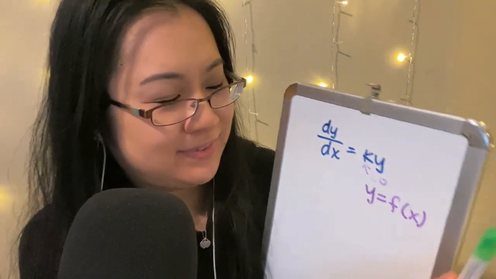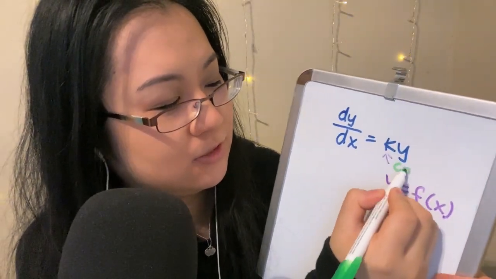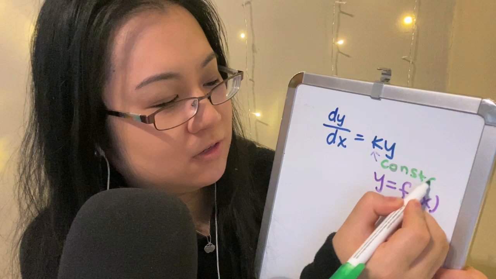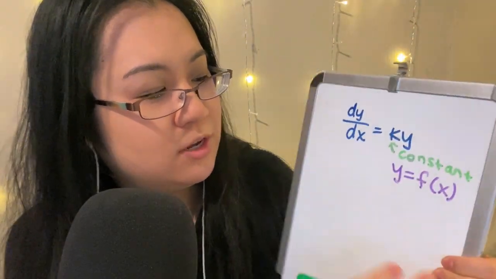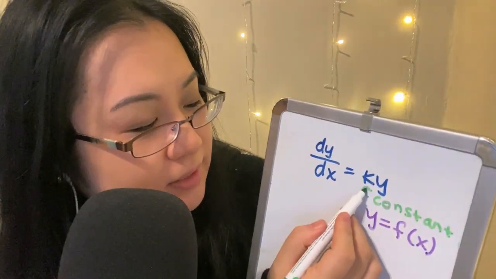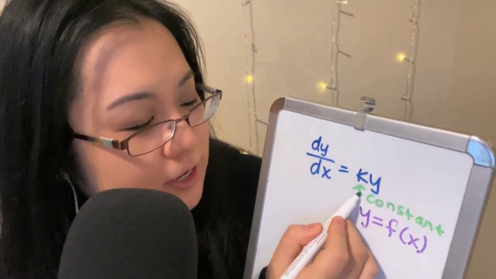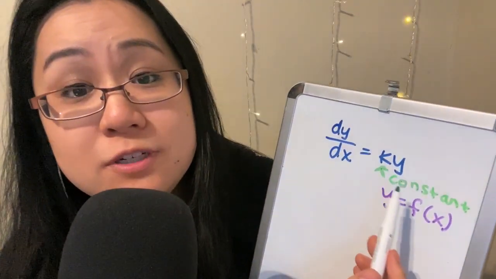Sorry about that. So we have a constant. Okay, it's a special constant, and we'll talk about what that is. But k is just a placeholder for a number, and y is going to be our original function.